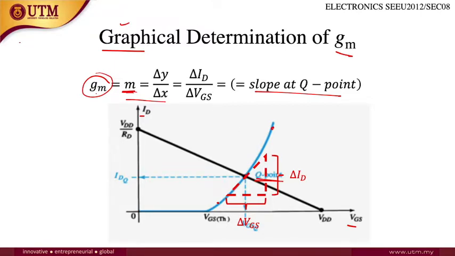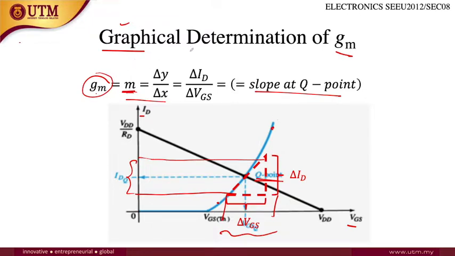At this Q point, try to draw the tangent line. You can see the value of delta ID, which is the change of value at this point, and this is the value of delta VGS. So you can get the value of GM.